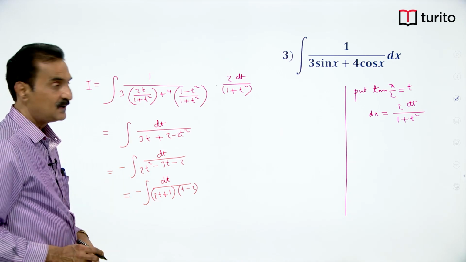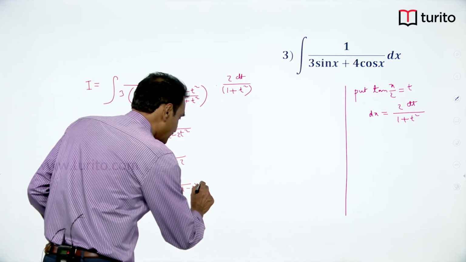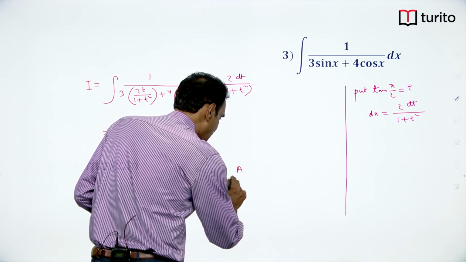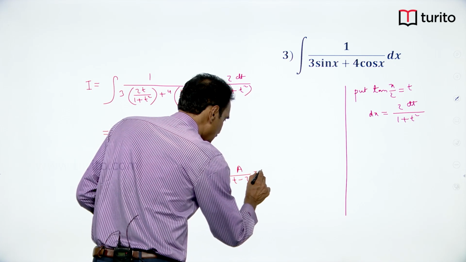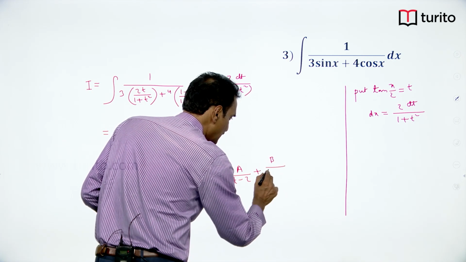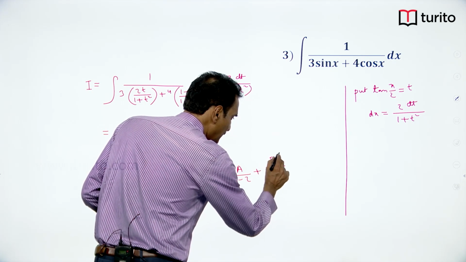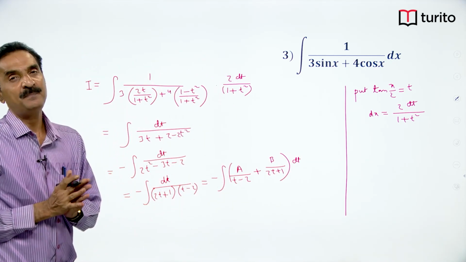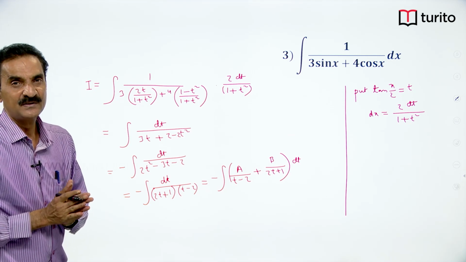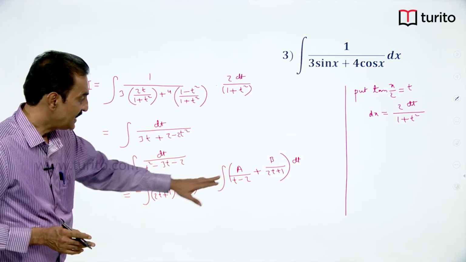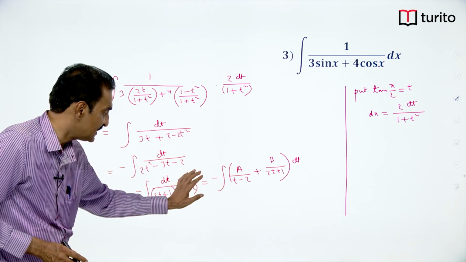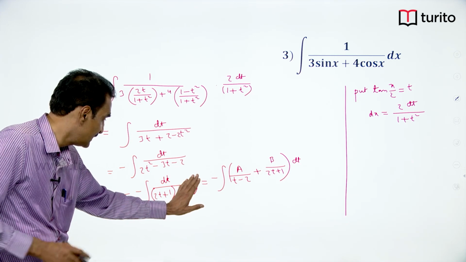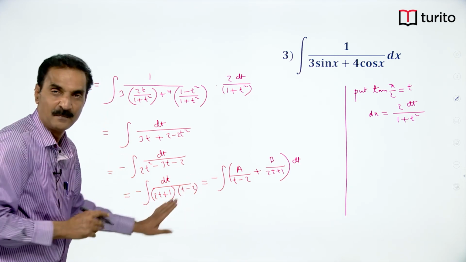It is factorizable. Then take partial fractions. A by t minus 2 plus b by 2t plus 1. How to find a and b? We have already discussed that method. For getting a, you cover this corresponding factor t minus 2 here and put t is equal to 2 in the remaining. What you will get? 1 by 5.